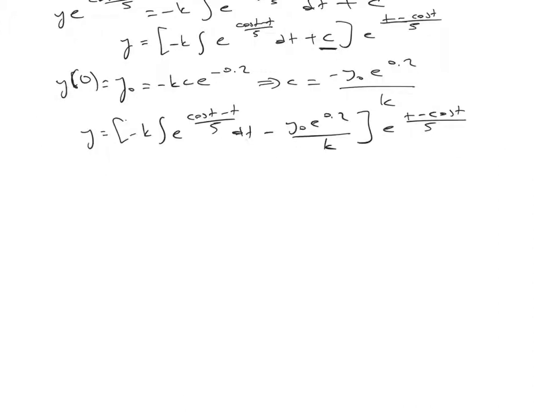As far as I know, there is no analytical way to calculate this integral, so I will calculate the value of this integral by using MATLAB, and for k is equal to 0.2, I will plot y versus t for several values of y sub 0 between 0.5 and 1.